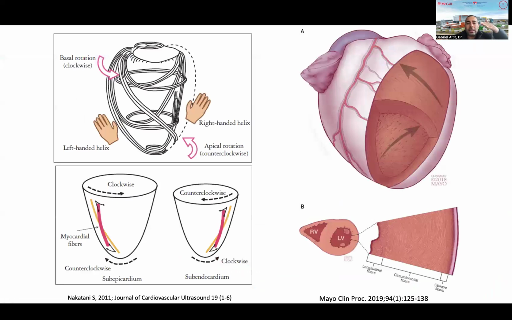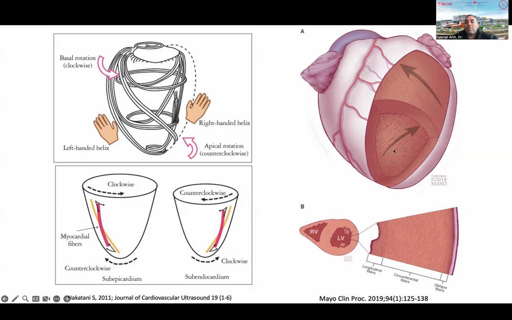To add to the complexity, and it's not something that we can characterize well by 2D echo, you can kind of characterize it using 3D echo with some of the algorithms that are commercially available. But really, it's a lot of work being done by MRI that lets you characterize the torsion and twist of these ventricles.